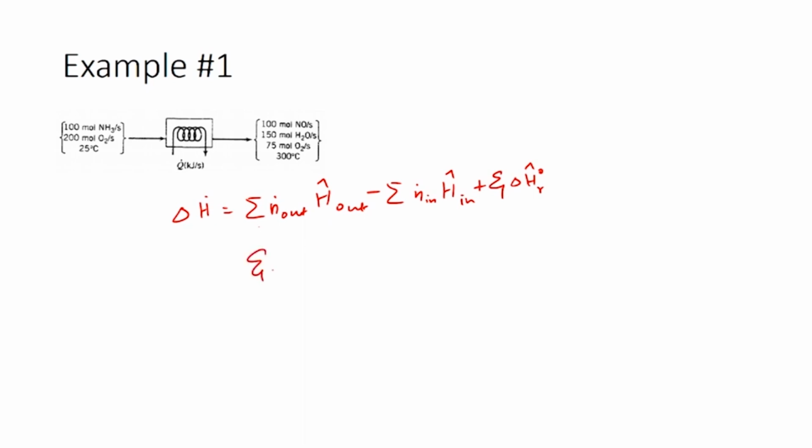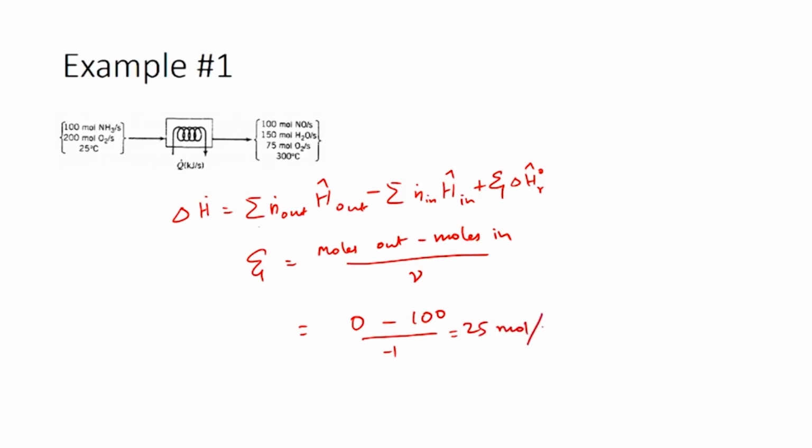Let us now calculate the extent of reaction. It is moles out minus moles in divided by the stoichiometric coefficient. So, if we were to take ammonia, then moles out would be 0, moles in would be 100, and if you divide it by the stoichiometric coefficient, which I am calling -1 because you have it as a reactant, this would be equal to 25 moles per second.